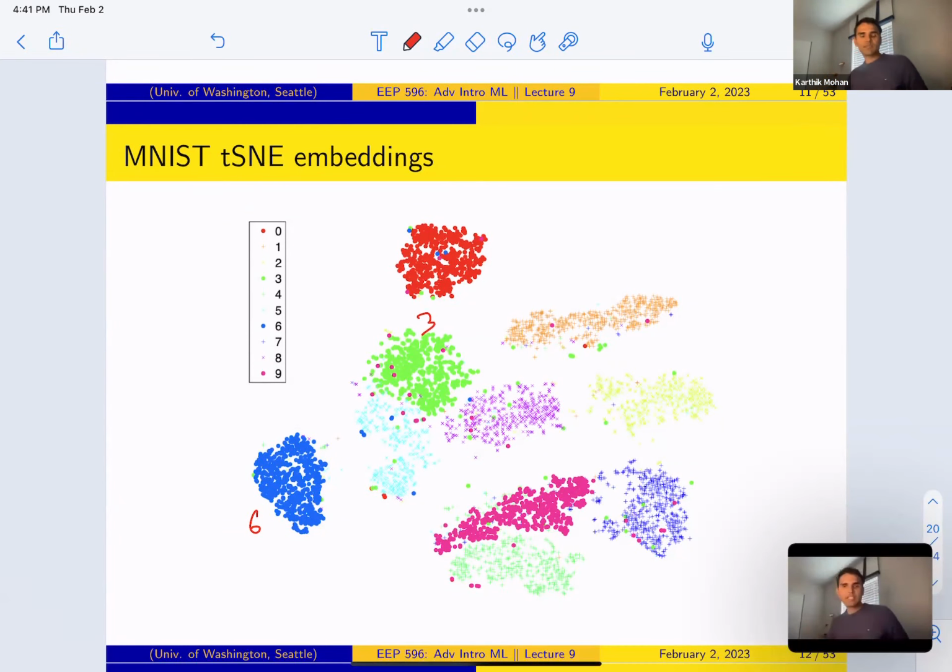I didn't know that these points actually represent the digits 6 or 3. I can still say that there is a reason they are separating into different clusters. They must be representing different things. So that is useful to get from t-SNE as compared to PCA that we just looked at. t-SNE as a data visualization is much more useful than principal components, for instance.